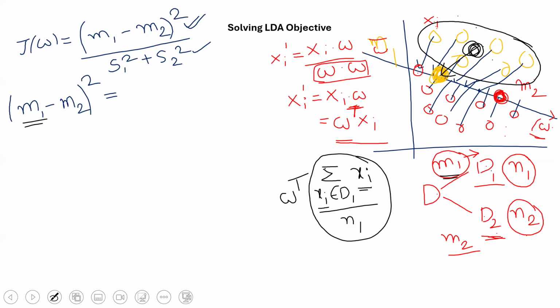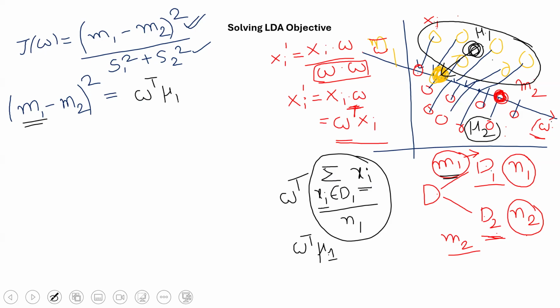I'll call that mu1, and this is the mean of all points mu2, and M1 is the projection of mu1 on W. So that becomes W transpose into mu1. Mu1 is nothing but for every xi that belongs to D1, the summation of all these points by the number of points. So now M1 becomes W transpose mu1.